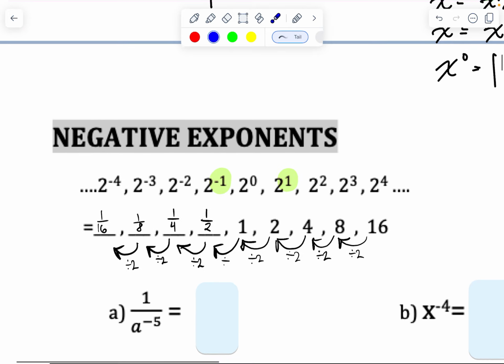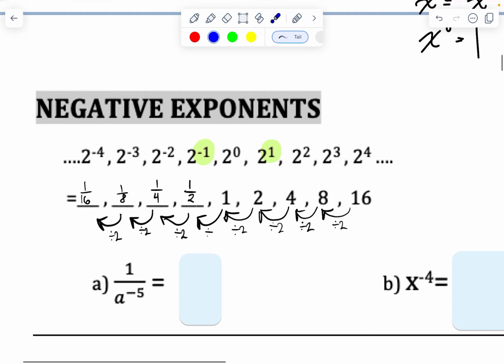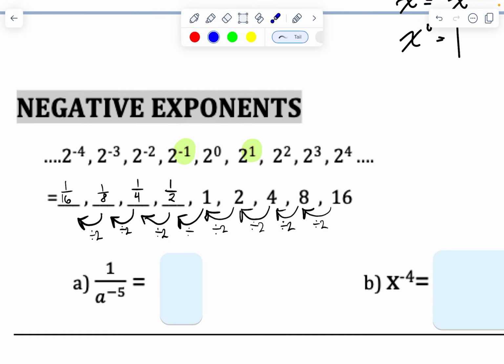And so what we can see happening here is that negative exponents take a number and flip its position in a fraction. So if I have 1 over a to the negative 5th, I can take a to the negative 5th, and I can flip its place in the fraction to make it positive. And so I end up with a to the 5th on top.